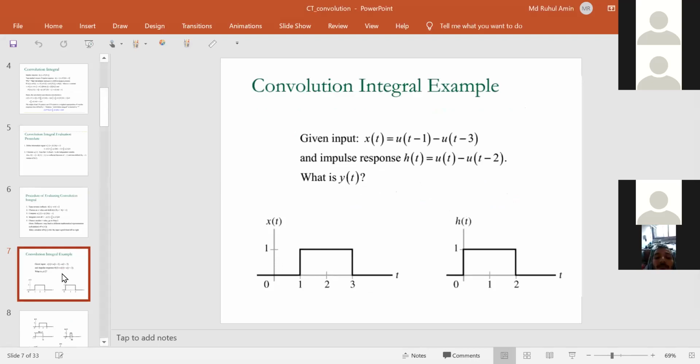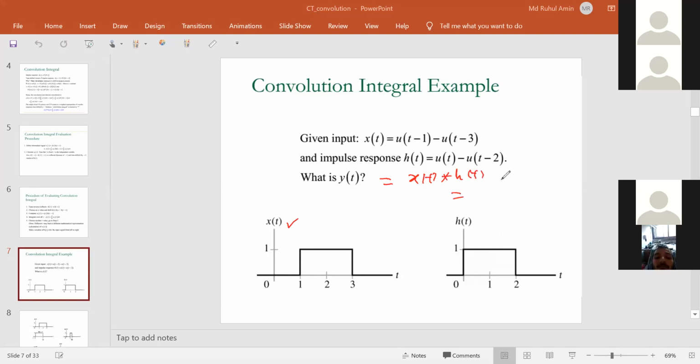Consider this example. You have your two functions given there. Your impulse response is ht, and your signal is xt. We have to calculate what will be the output of your system. The output of your system, yt, would be simply xt convolution ht.